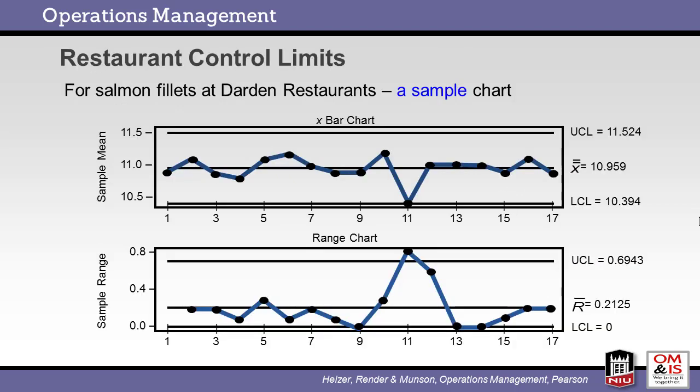Here's an example X bar chart and R chart showing the mean and range of weight measurements for salmon fillets at Darden restaurants. There appears to be one sample, number 11, that should be investigated, but otherwise the process appears to be well under control.